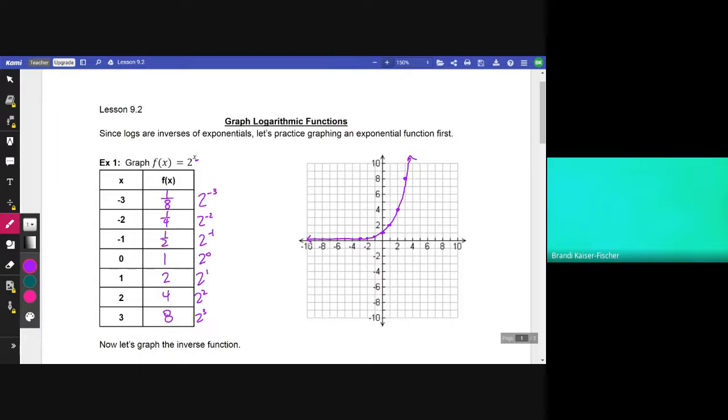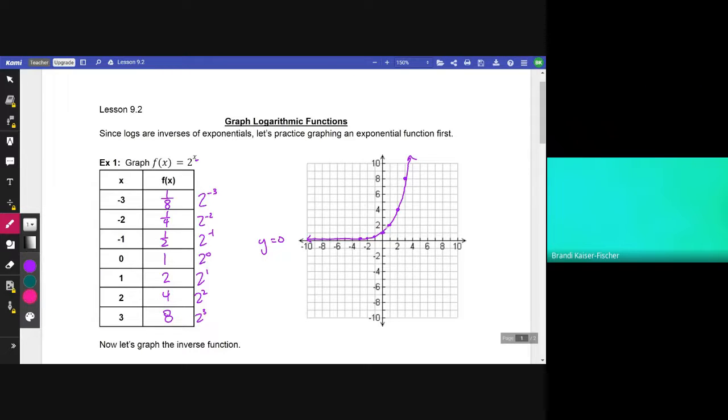Remember that exponentials always have to hover around a horizontal line. In this case, it's the line y equals 0. It's hovering right above that. It's not going to touch it, and it's not going to go below that. Also, there end up being 2 reference points.